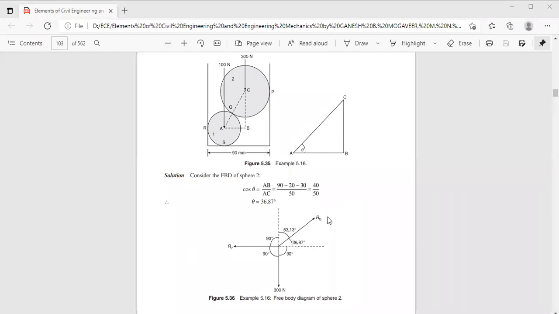So tell me the answers, RQ and RP. What are the answers? Apply Lami's theorem. This is the free body diagram of sphere 2. You will get the values of RQ and RP.